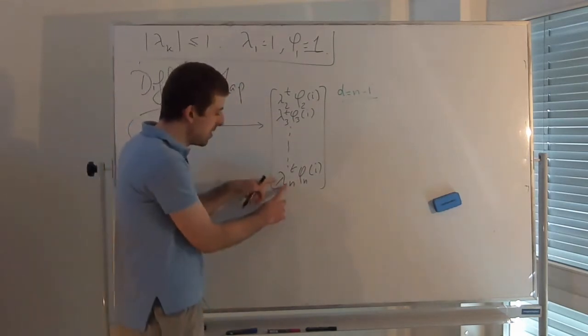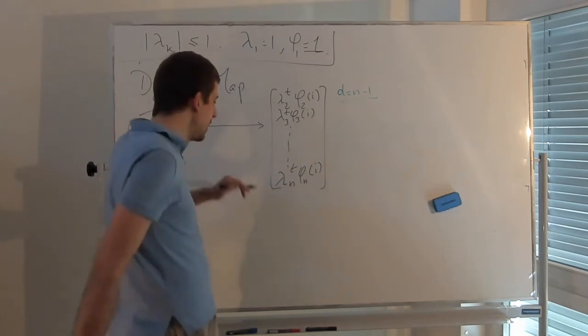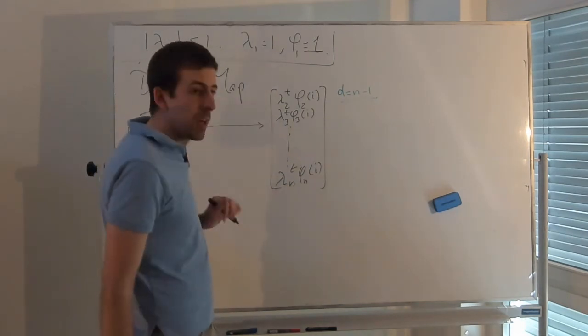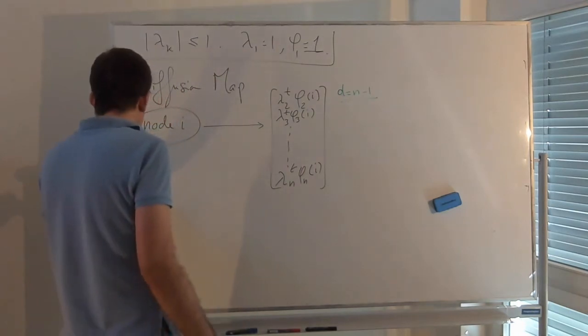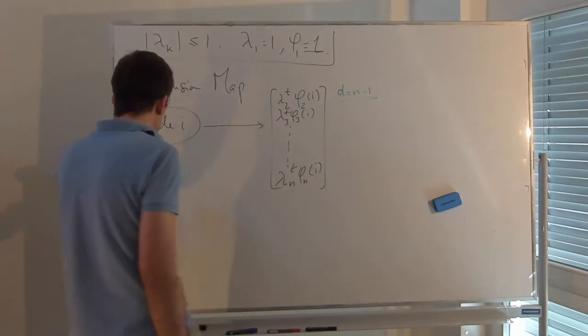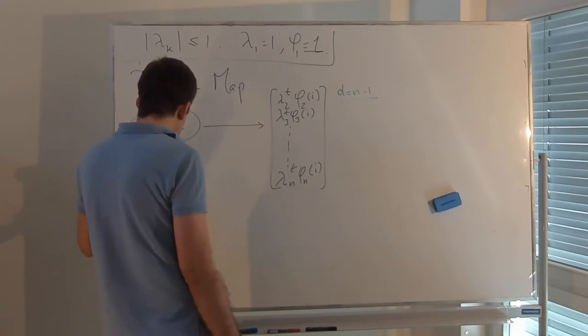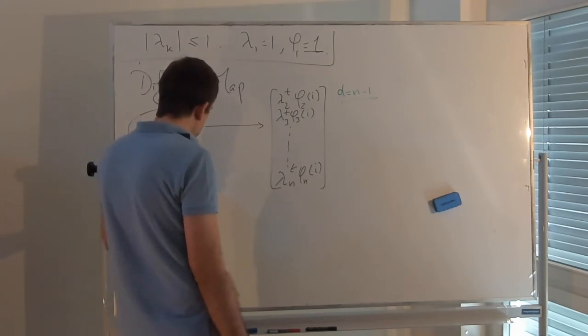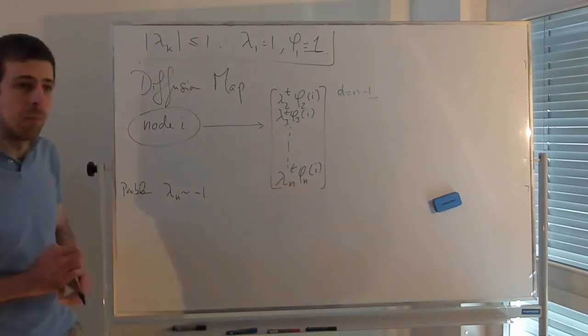So it could be that this is a very, say, large negative number, like -1 or -0.9, and so in absolute value, it could be bigger than one of these. Okay, so potential problem, they could be large, so lambda n could be, say, very close to -1, right? And so a lot of the contribution is coming from the bottom.